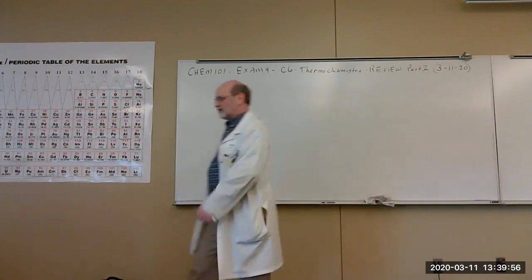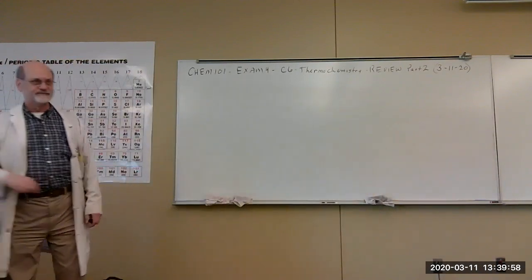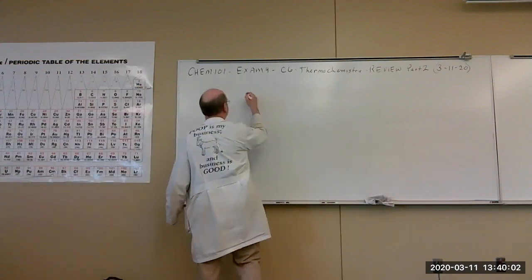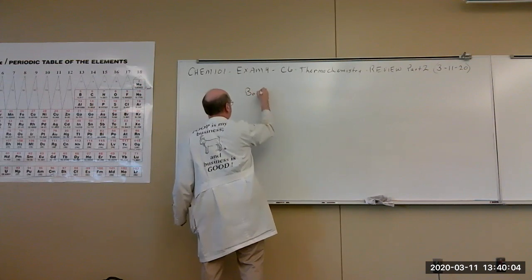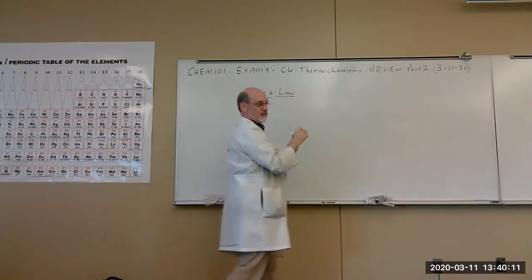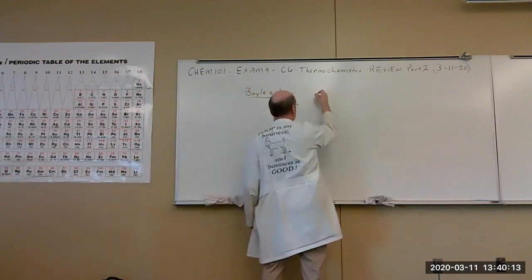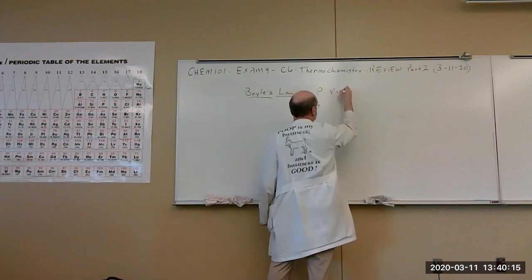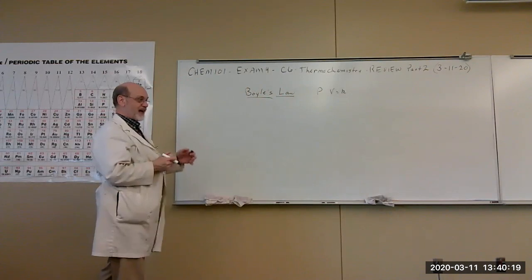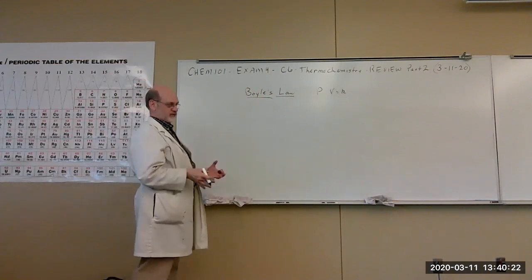So what are we looking at with Boyle's law? Pressure and volume, right? Okay, so pressure times volume is a constant. All right, so when we go in the lab, we're going to be taking measurements.